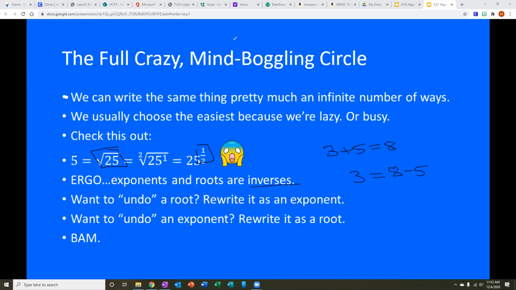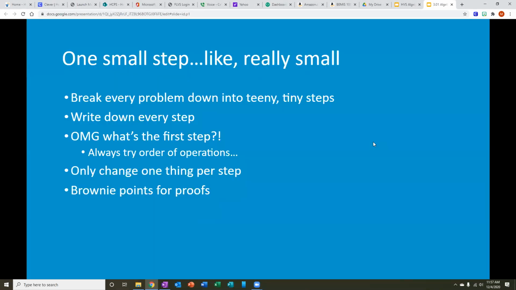All right. Now, that was pretty dense. So, when we have a problem that looks scary, as long as we just break it down into little bitty steps, then it's not so scary.